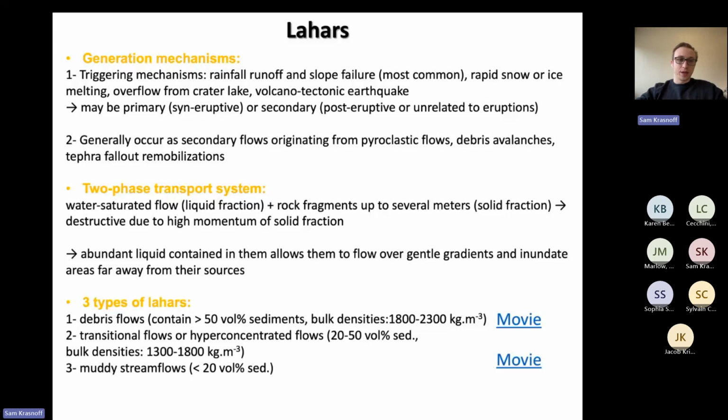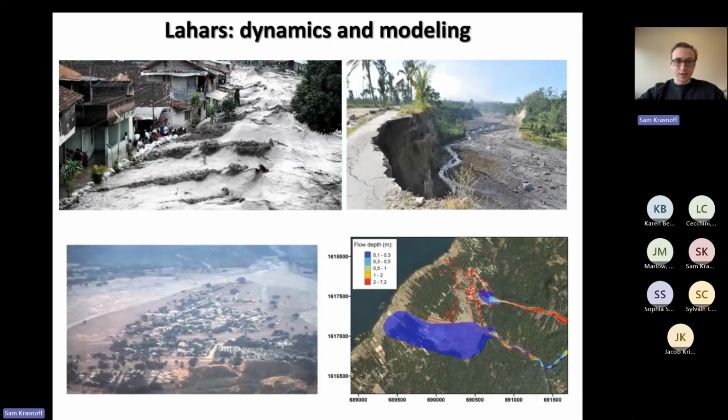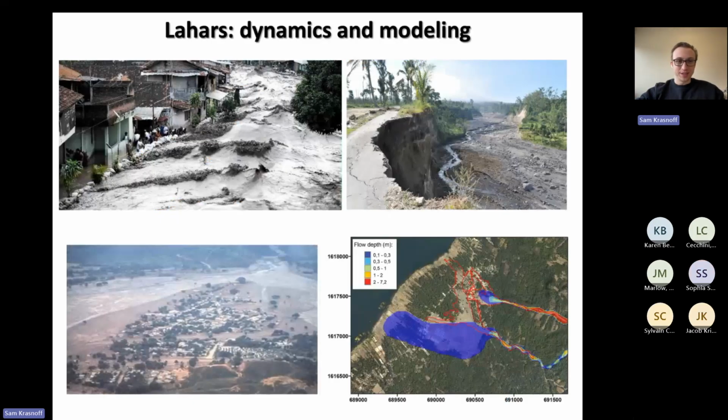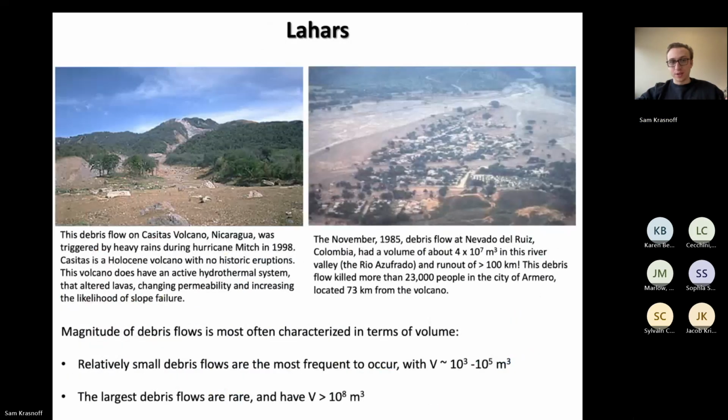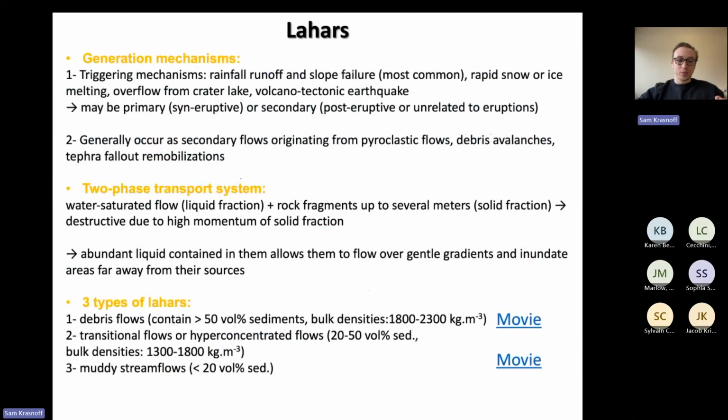The transport systems of these lahars are generally two-phase. There's the liquid fraction, which is the heavily water-saturated flow, which you can see more on the left side. It looks like a dirty wave of water, but there are rock fragments in that as well, and larger solid fractions that can be up to several meters.